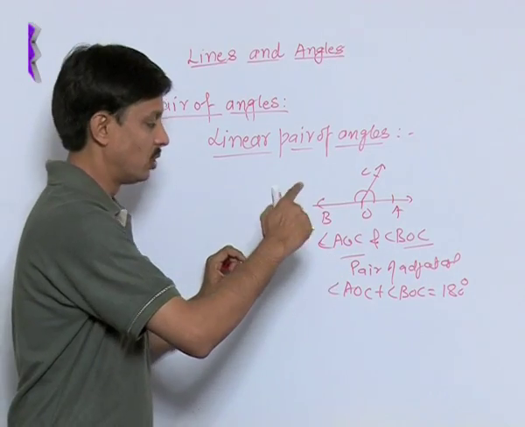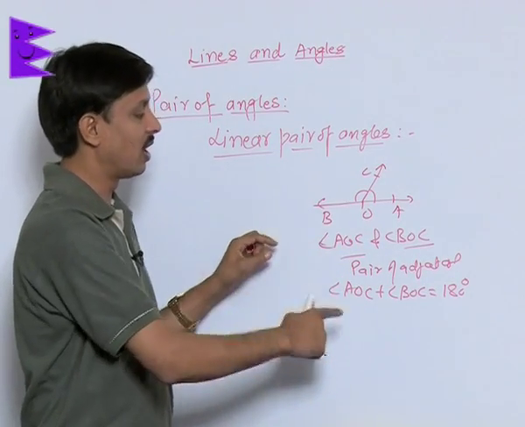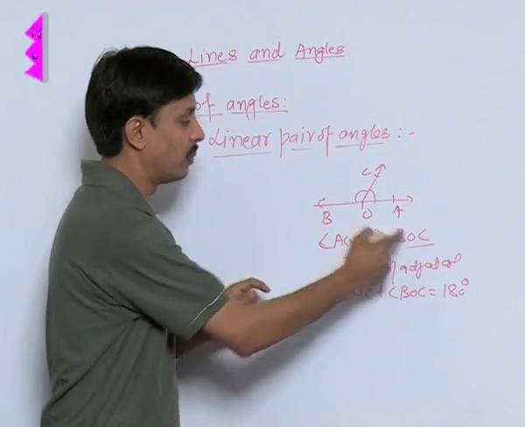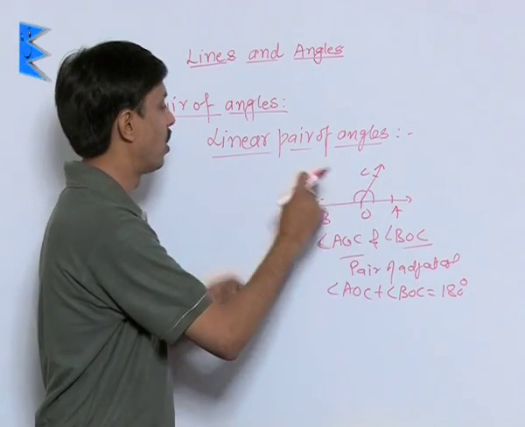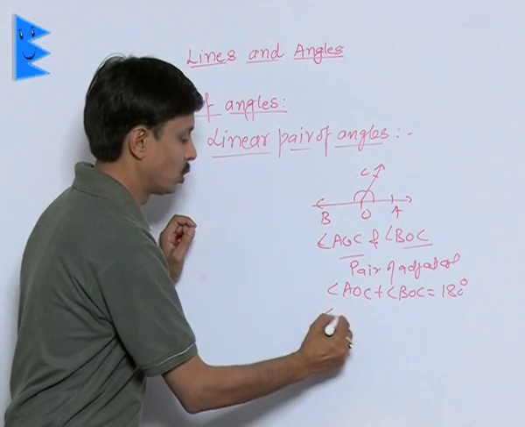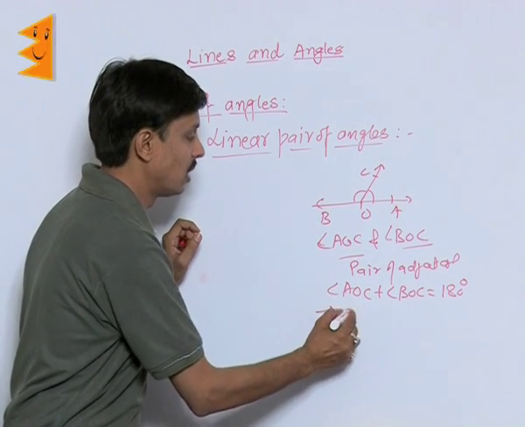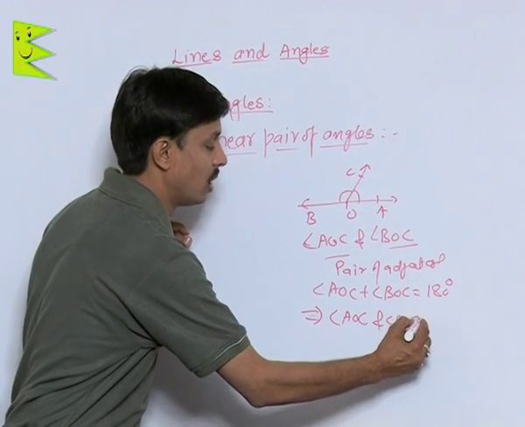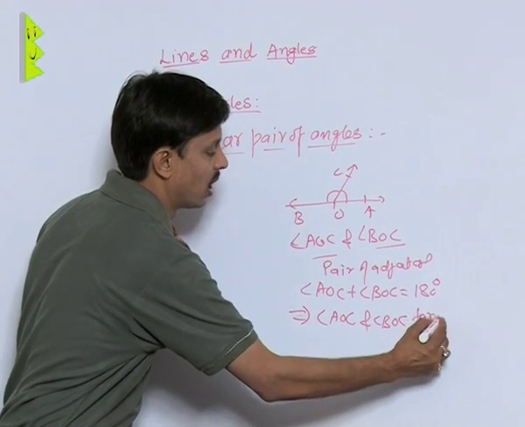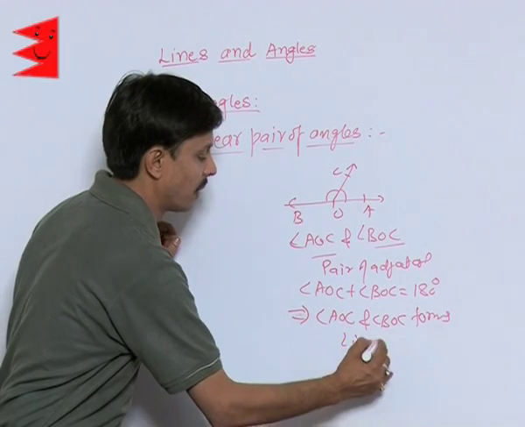That's why this pair of adjacent angles, angle AOC and angle BOC, is known as the linear pair. So this implies angle AOC and angle BOC form what? Linear pair.